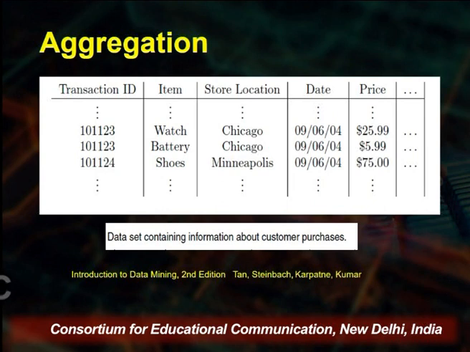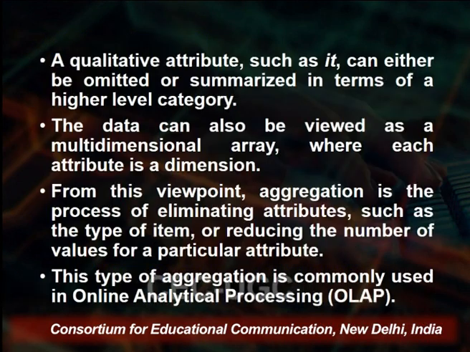Like for example, all electronic related purchases like watch or television, etc., can be clubbed and put into a higher level category, right. So this is another way in which the data can be aggregated. So we can aggregate it based on items, and we can aggregate it based on store location, right.